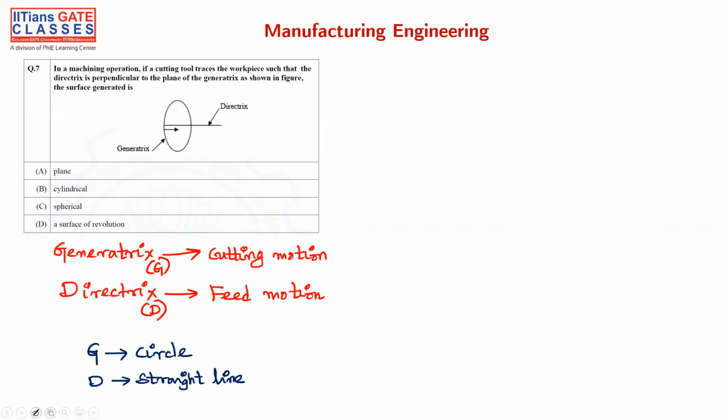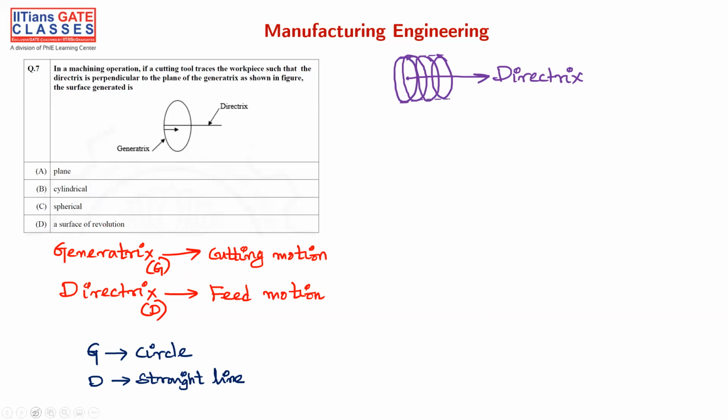Let me draw that. Put a circle like this, a circle like this, a circle like this, and keep putting circles in the direction of the directrix. At the end, what will you get? If you look at it in a three-dimensional view, it's a cylinder.